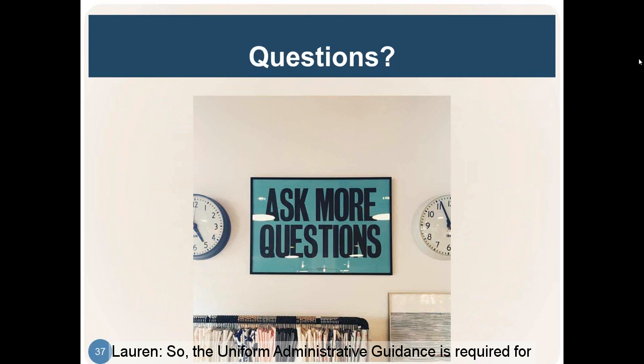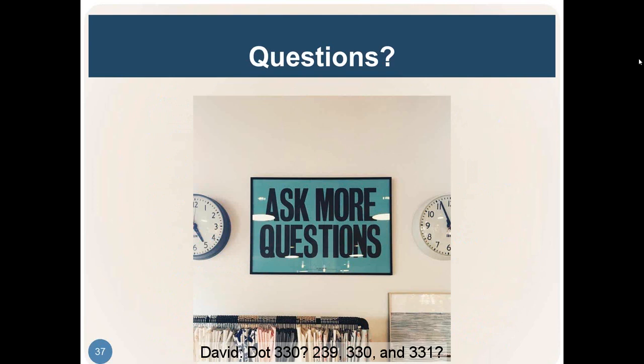So the Uniform Administrative Guidance is required for LIHEAP in part. And so when you go to 2 CFR 200.101, it gives you a table of which parts of the Uniform Administrative Guidance are applicable.